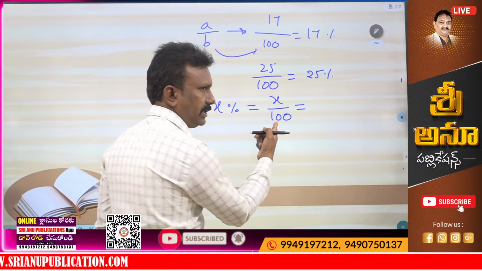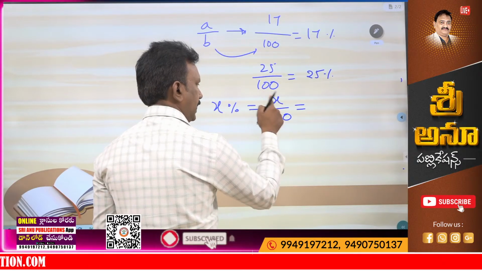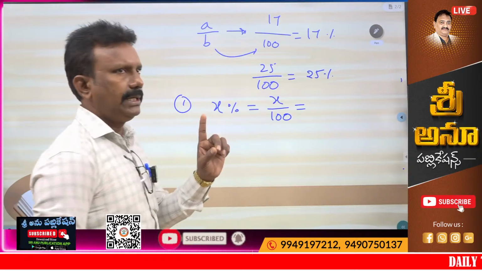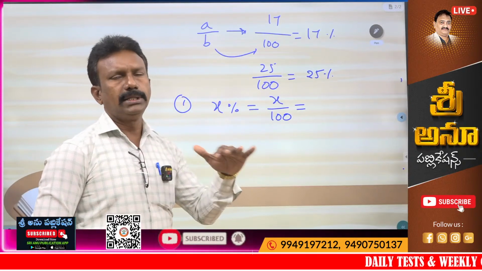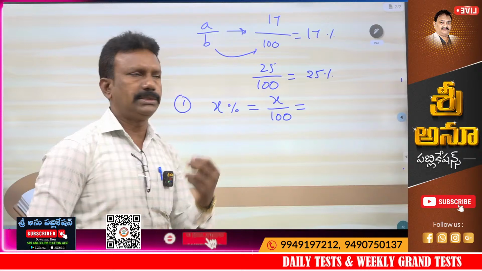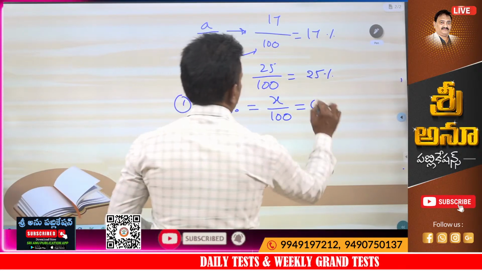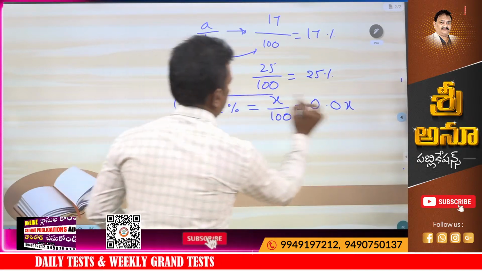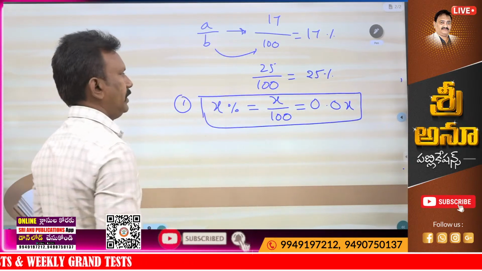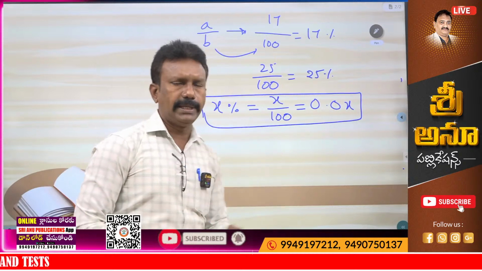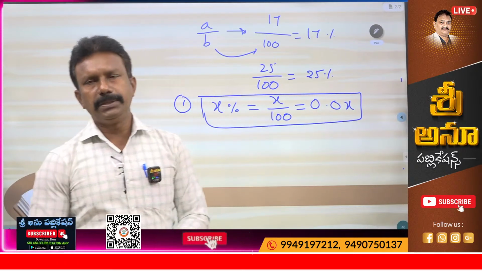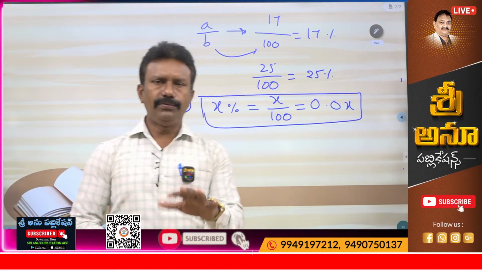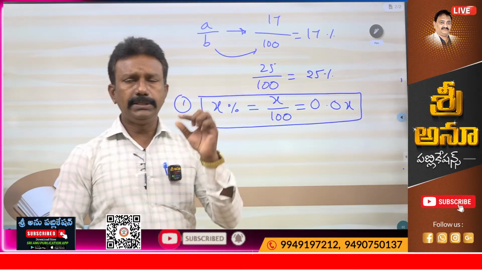The number of zeros in the denominator is 2. For a single digit like x, with 2 zeros in the denominator, we write 0.0x. It is a very important condition we always follow in case of percentages. So x percent is equal to the fraction form.